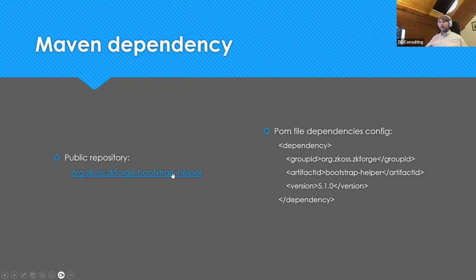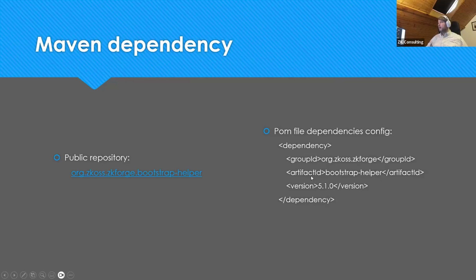And the ZK Bootstrap helper itself is located in our public repository. So if you already have the ZK community edition, the free repository, declared in your project, you can simply add the webjar to your project by adding its dependency, which is a simple Maven dependency.